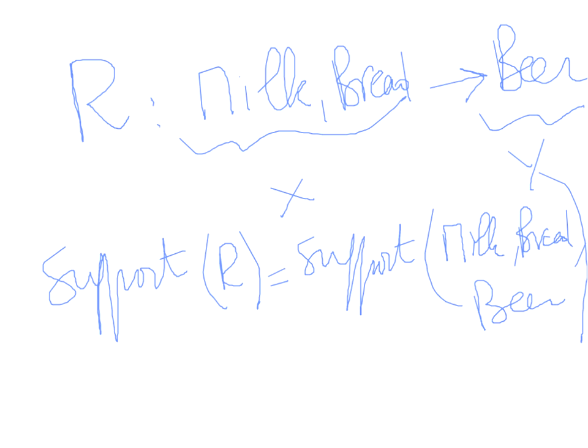So we will count the number of transactions that contain milk, bread and beer, and we will divide by the number of all transactions. Is it clear? This is the support of a rule.